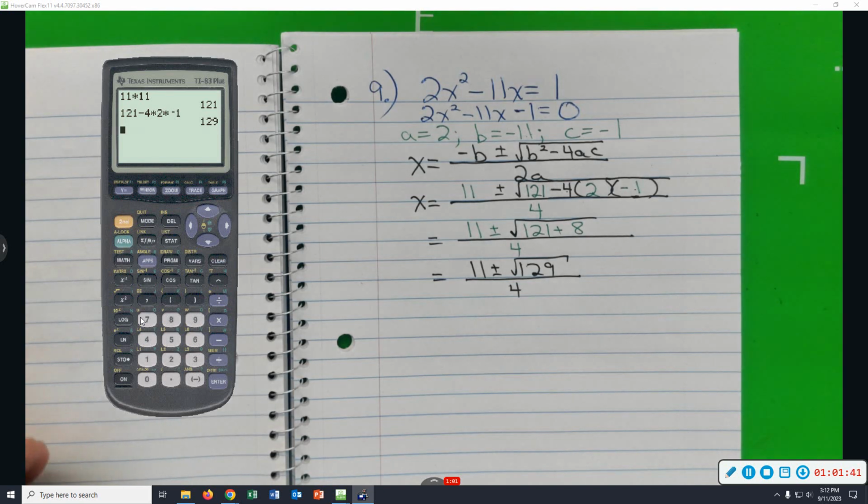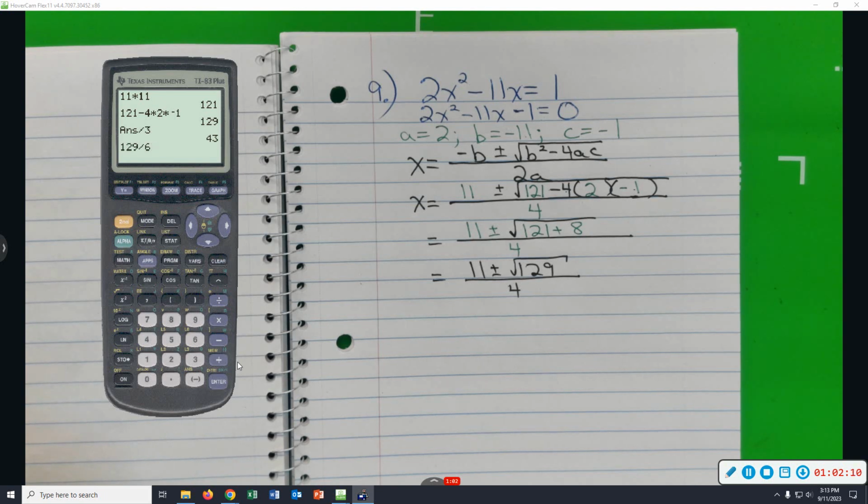Where's our list of perfect squares? Is that a perfect square? No, it's not a perfect square. I'm not sure if there is a perfect square other than one that divides it evenly, but I know that that is divisible by 3. Maybe if we divide 129 by 3, we'll get a perfect square. What are we going to get? 129 divided by 3 is 43, which is a prime number.